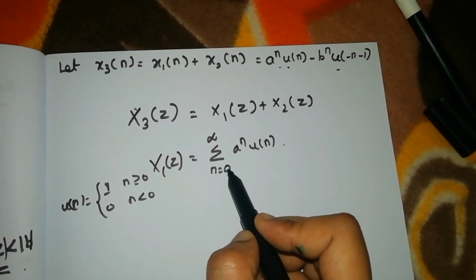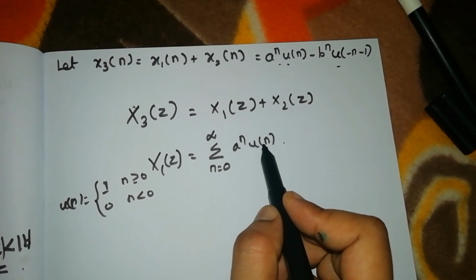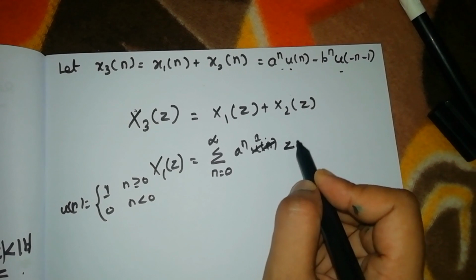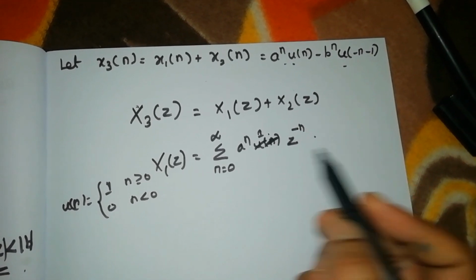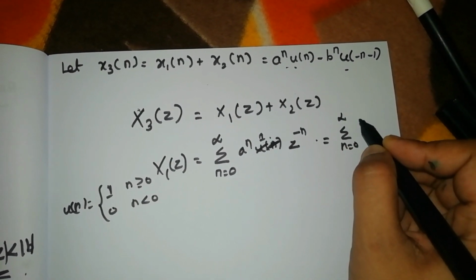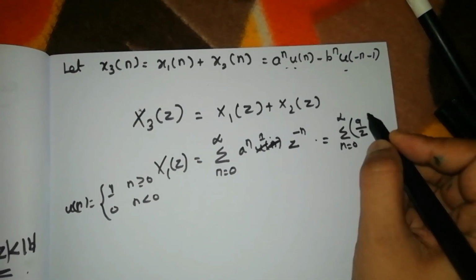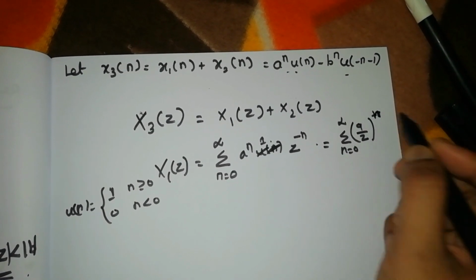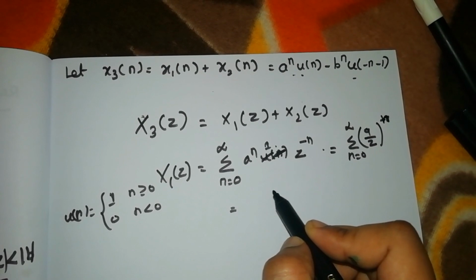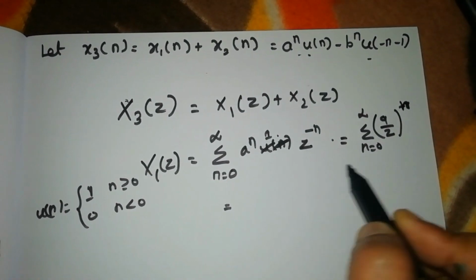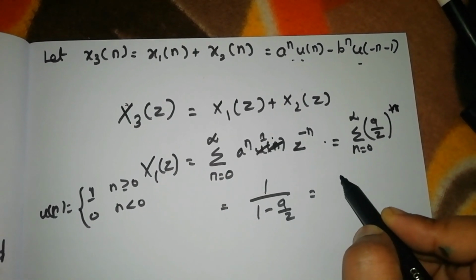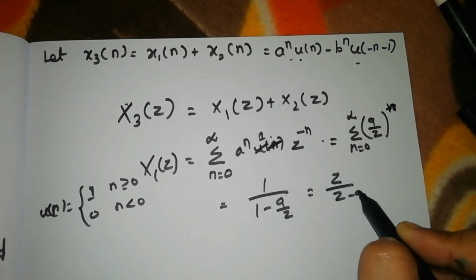So the condition here is 0 to infinity, we get u of n as 1. So we can write this as summation n is equal to 0 to infinity of a by z whole power n. From the geometric series we can write this is equal to 1 by 1 minus a by z, otherwise that is equal to z divided by z minus a.